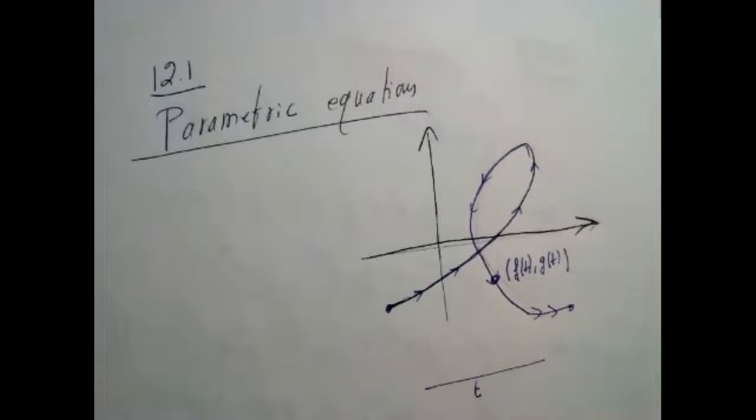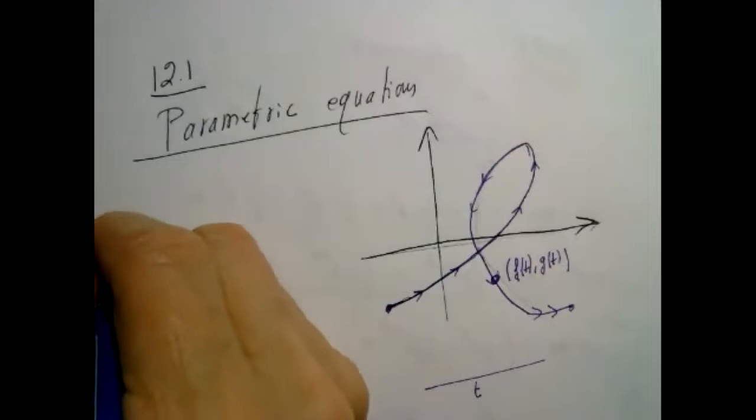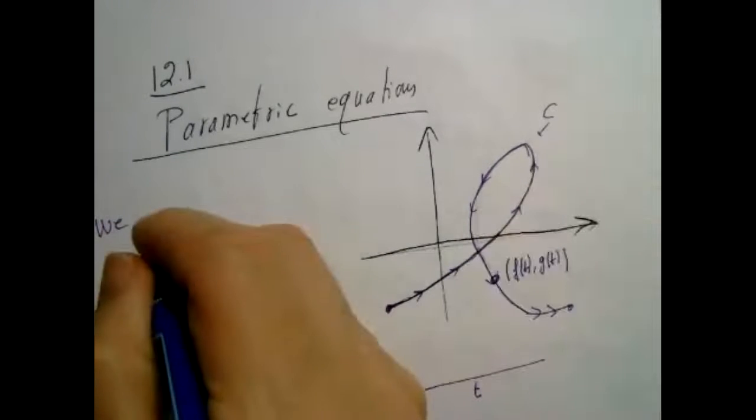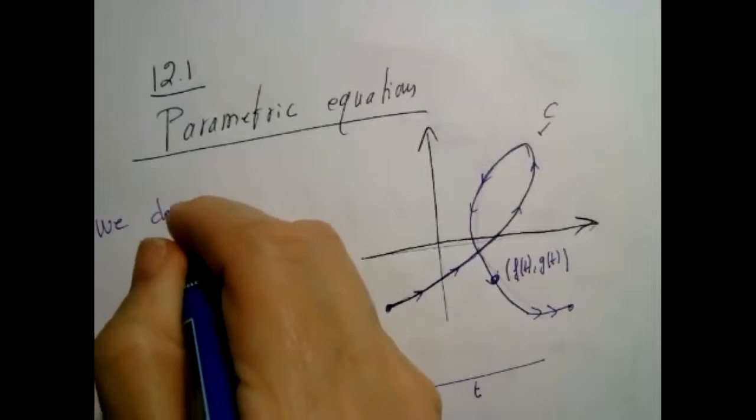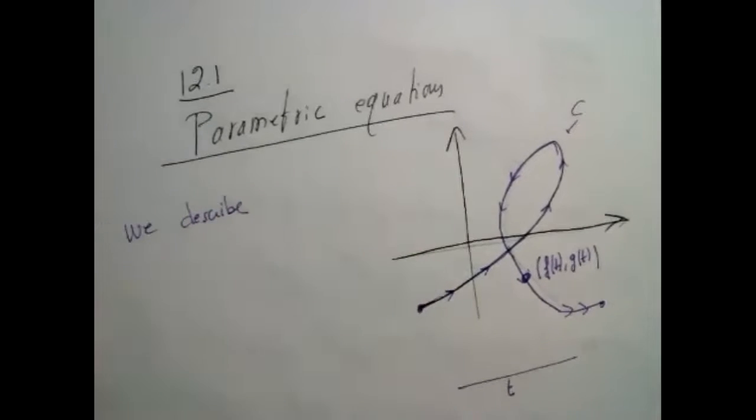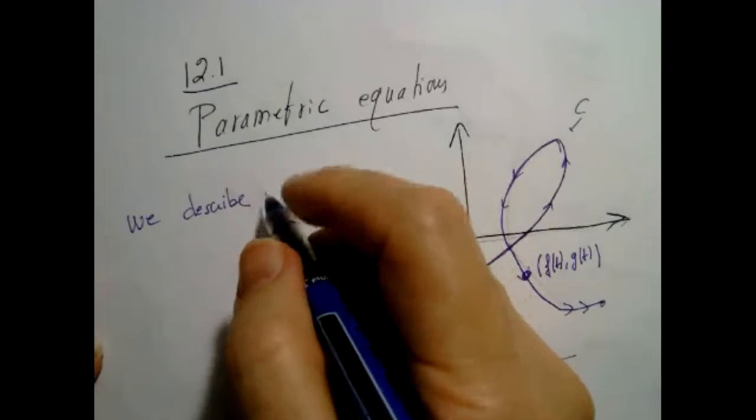So how do we describe a curve? It's my curve C, we describe the curve as follows.